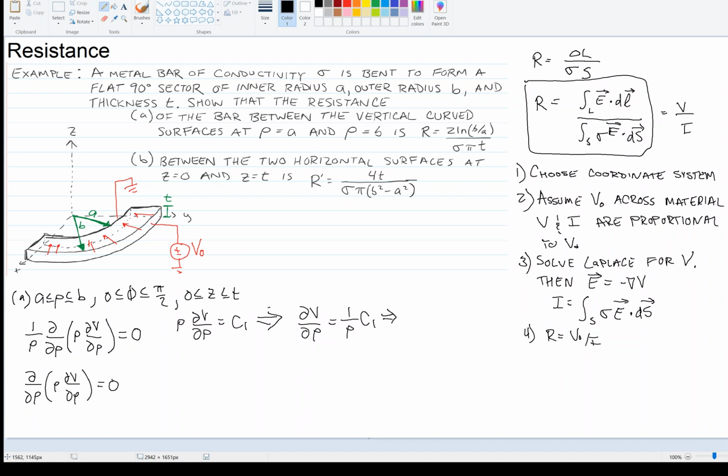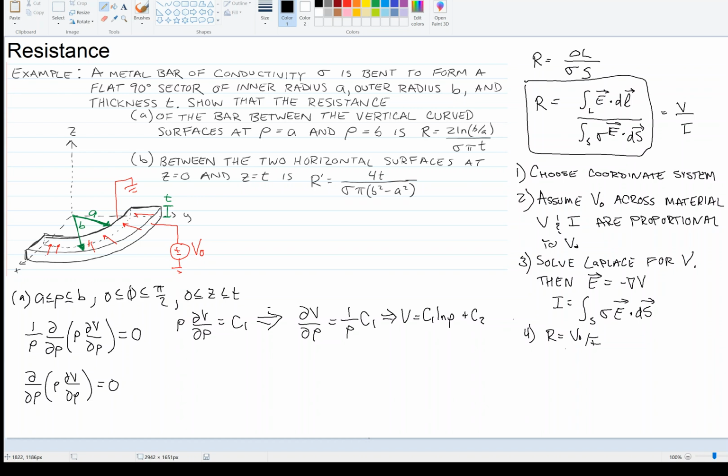This is the second integration, and I get V is equal to, so the integral of 1 over rho is natural log of rho, and then I still have C1 in front, C1 natural log of rho, and then I need a new constant of integration. We'll call that C2. So two constants for integrating twice in one dimension.